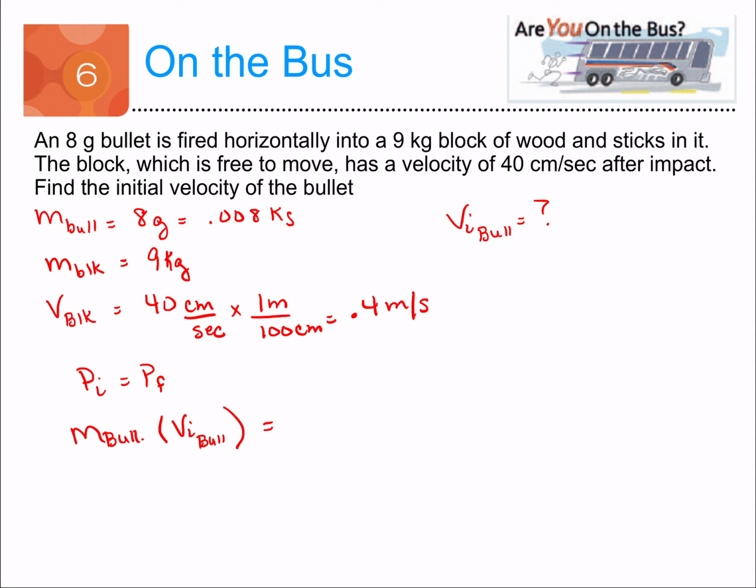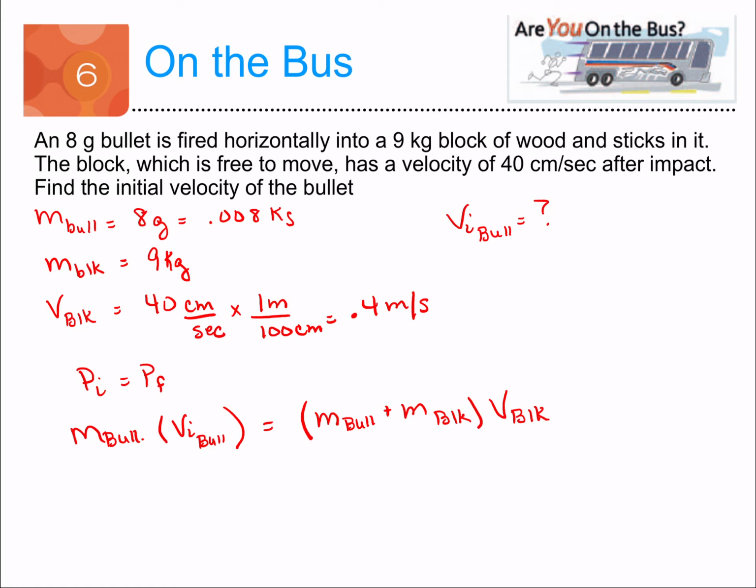But finally, because the bullet sticks into the block of wood, we have the mass of the bullet plus the mass of the block of wood times the velocity of that block.